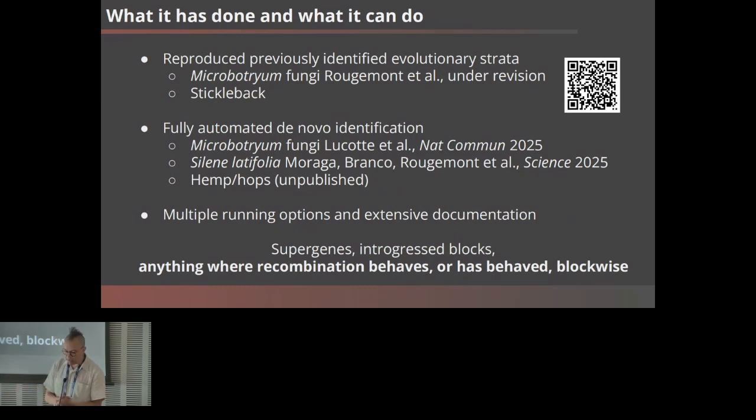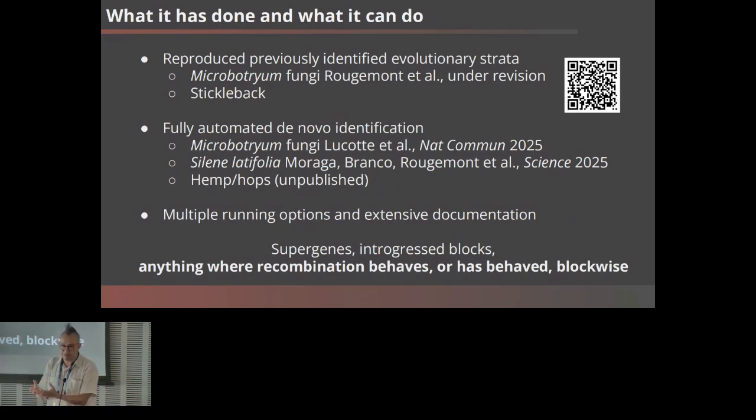There are many different options. So Quentin has prepared a very extensive documentation with many examples. But what we think is more interesting here is that this is not just sex chromosome specific, but it can work in whatever process in which recombination has not occurred the same way all along the genome.